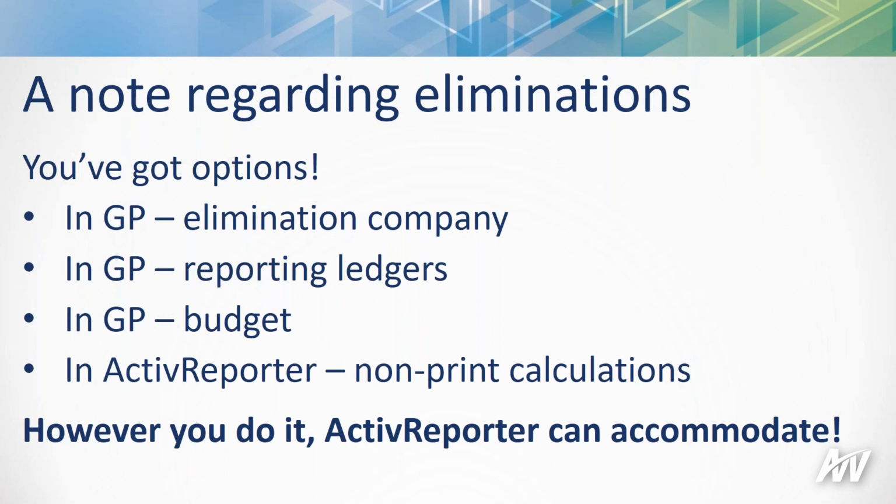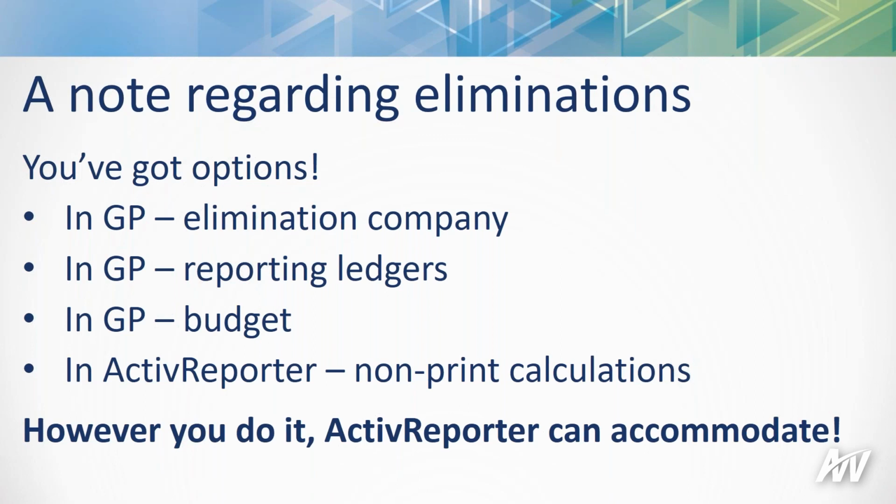GP supports you being able to keep multiple ledgers available at the same time. Most people only use the base ledger, but you're also able to activate reporting ledgers, which are intended to track differences for things like IFRS or local accounting differences, but that's also easily used to track elimination entries as well.